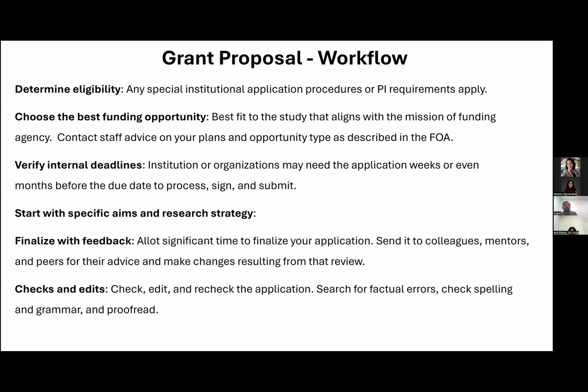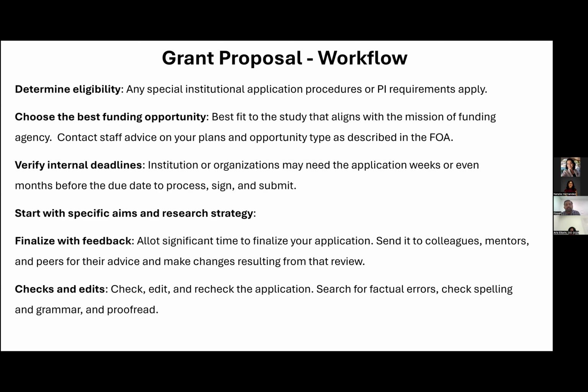For example, if you are putting in some animal experiments, you need to show the status of your IACUC approval. That will be verified by the university grants office, and also your budget. You may be proposing so many things, and the university finance office will be overseeing those and confirming that everything is in place and right.